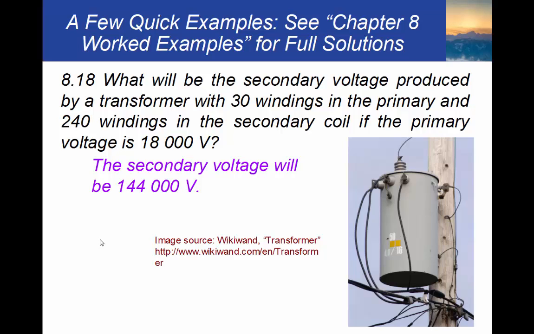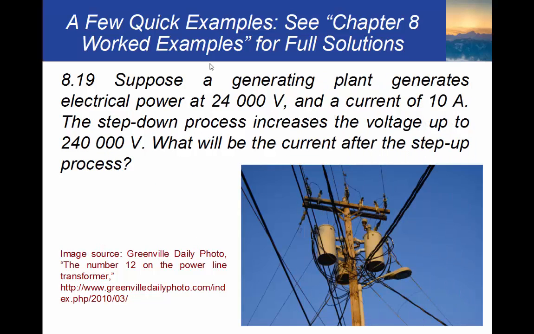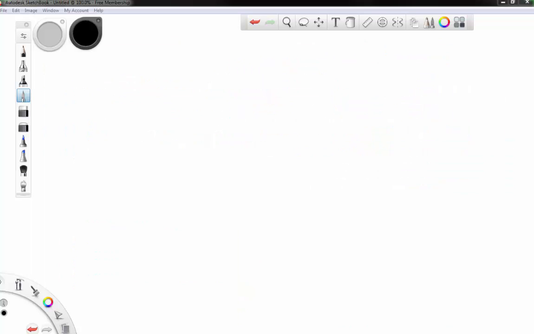Now let's go ahead and look at a different kind of question with these transformers. Suppose you've got a generating plant and it gives you 24,000 volts and it's got a current of 10 amps. And the step-up process is going to increase the voltage up to 240,000 volts. What's the current going to be after this step-up process?